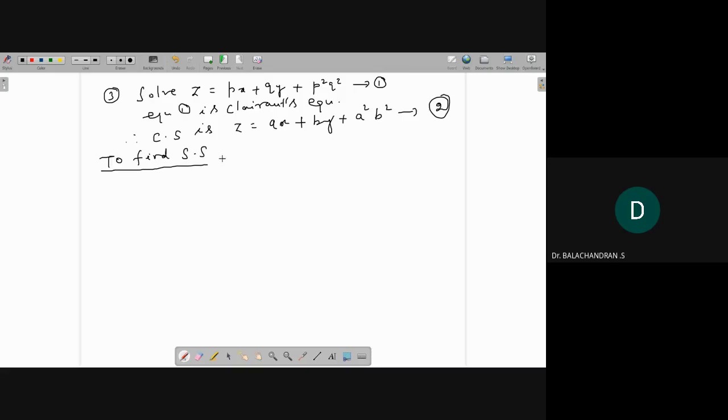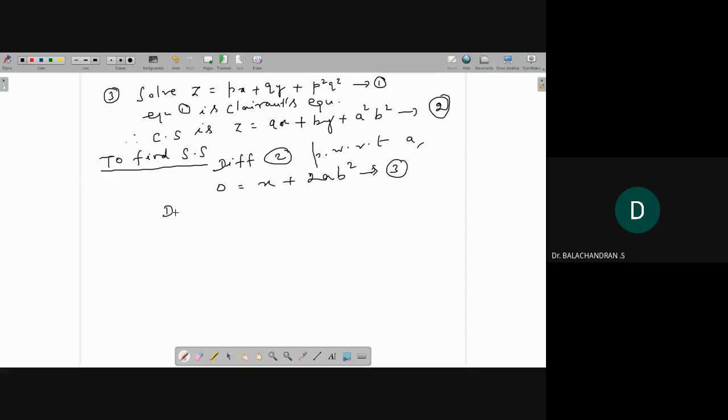So differentiate equation 2 partially with respect to a. You get 0 equal to x plus 2ab square. Okay, this is equation 3.